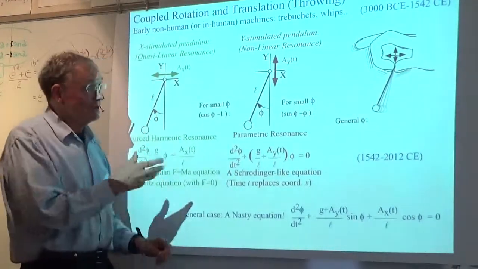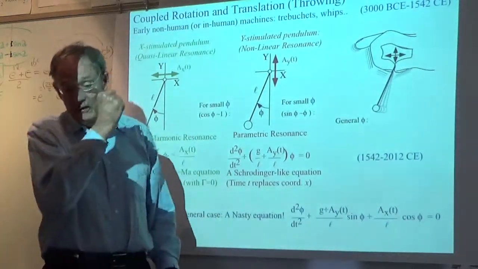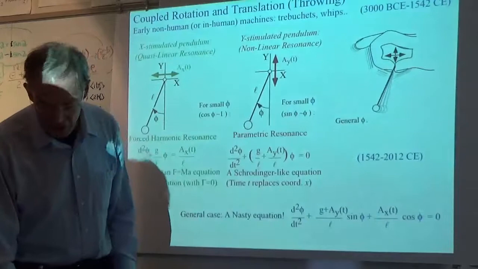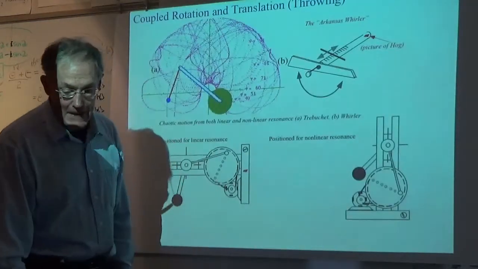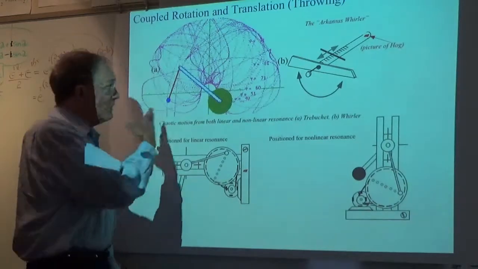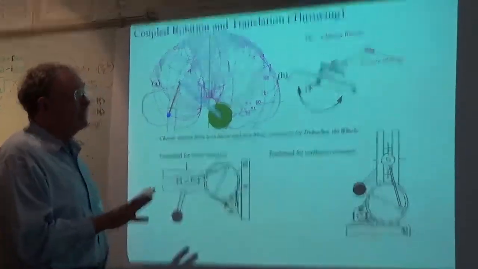And we'll see moments in the simulations of these things where all of a sudden a burst of energy shows up at the end of the motion. So, a trebuchet does this. A trebuchet is taking advantage of this.